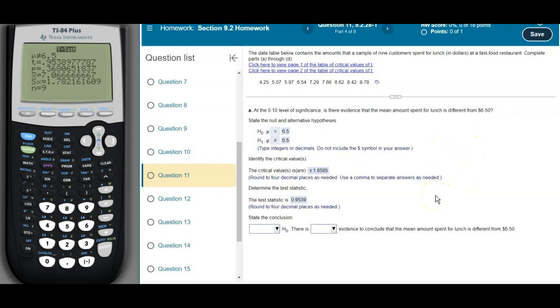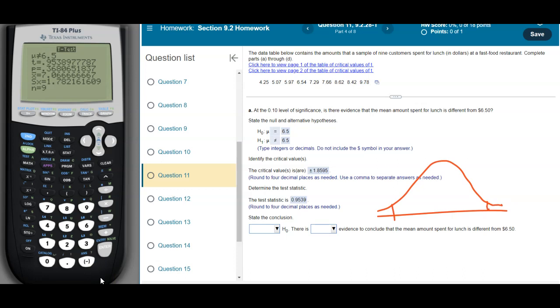Now, based on this, are we accepting or rejecting? So let me do the chart really fast. Here we have the bell shape. We have the cutoffs right here and here.